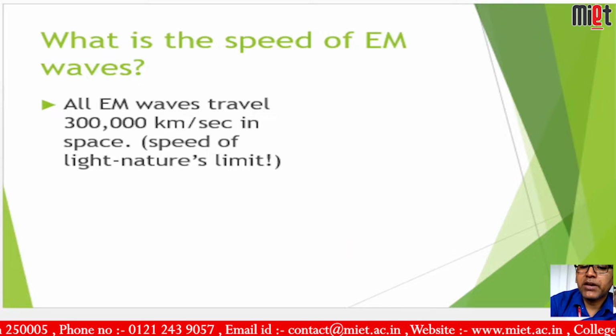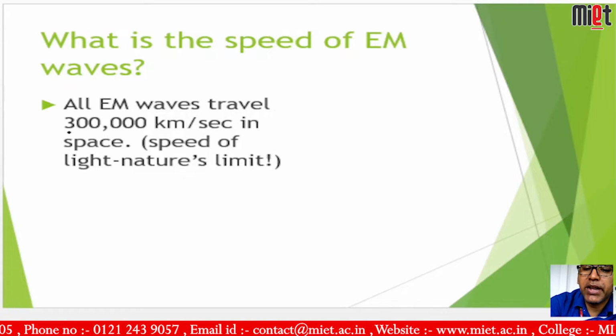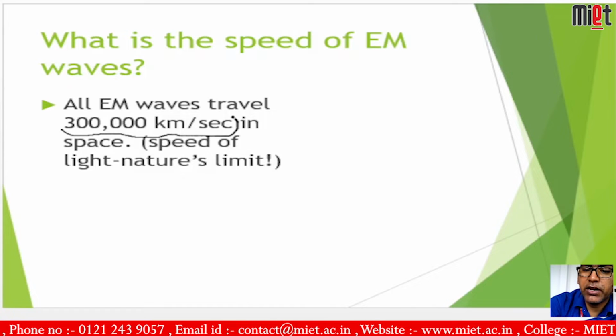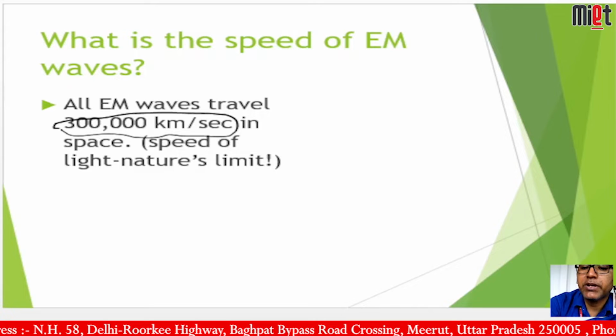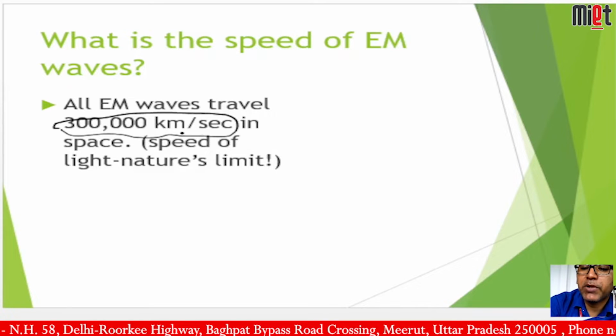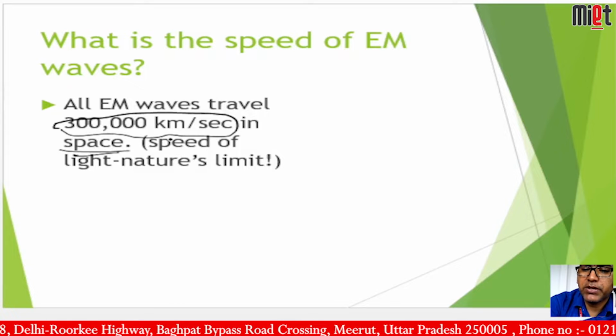Now, what is the speed of electromagnetic wave? An electromagnetic wave can travel with the speed of 3 lakh km per second. Means electromagnetic wave propagates with very high speed. Its speed is 3 lakh km per second in space. Its speed is less than 3 lakh km per second in the air.